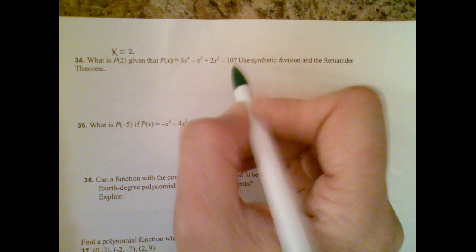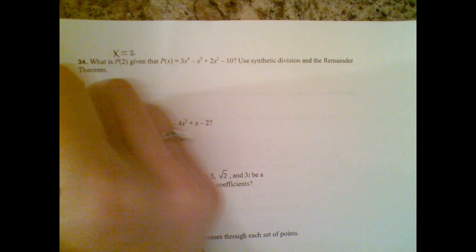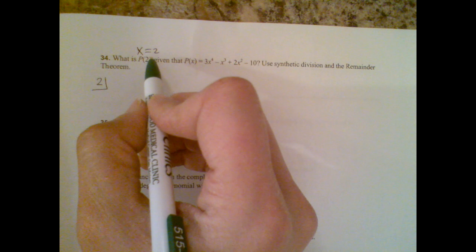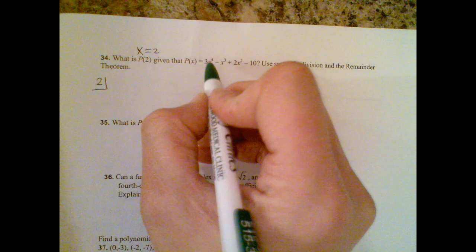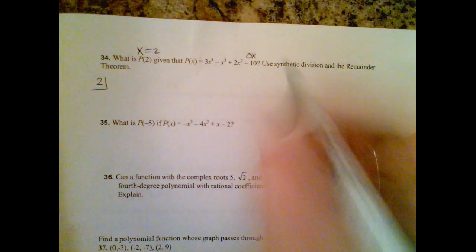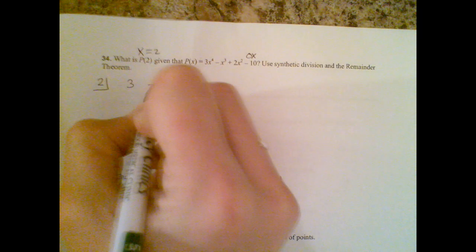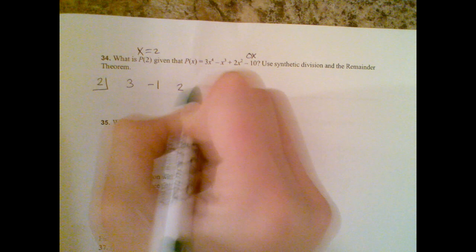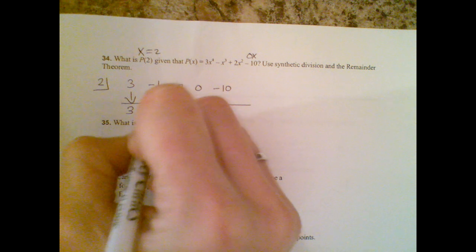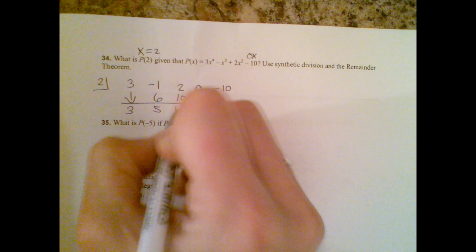So if we do our synthetic division, we're going to put 2 in the box. We don't put in the opposite just because it's already solved for x equals 2, so we plug that number in. It goes 4, 3, 2, it skips 1, so we're going to need a 0 there as a placeholder. And then if you're doing synthetic division, it's going to be whatever the remainder is.